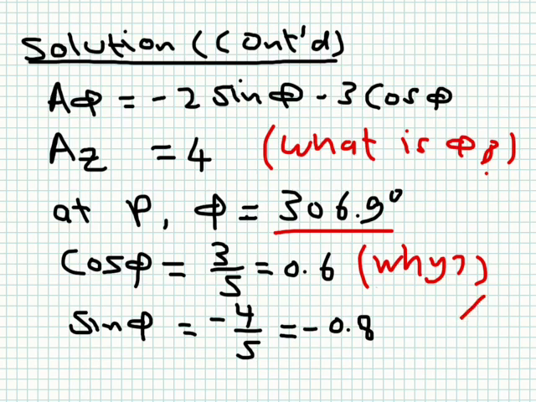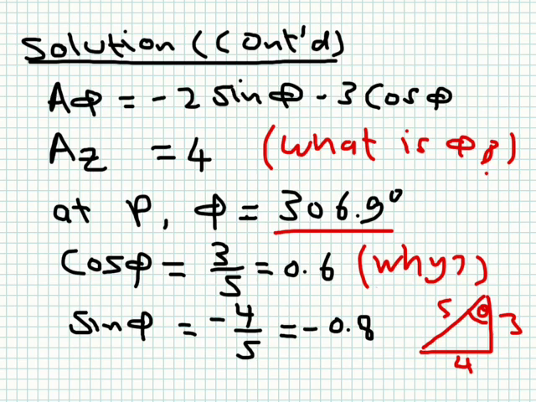If you remember this famous triangle, this is 4, this is 5, this is 3, and this here is the angle theta, 53 degrees. So this is why I immediately wrote the cosine as 3 over 5. The sine at this point is minus 0.8. So at this point, phi is equal to 306.9, cosine is equal to 0.6, sine is equal to minus 0.8.